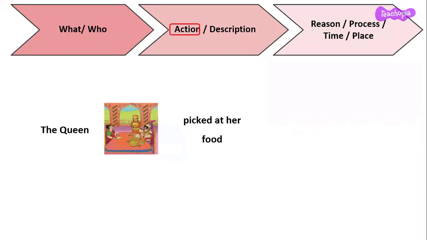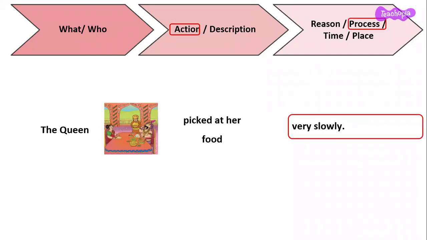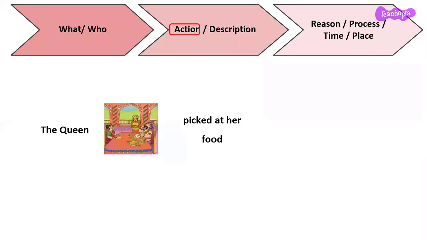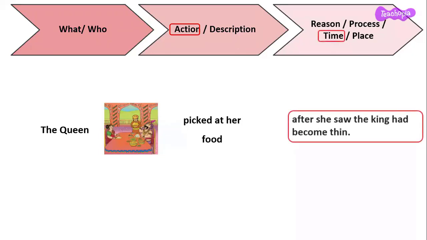Now, what if I want to add information regarding the process of this action? That is, she ate very slowly. So my sentence will be, the queen picked at her food very slowly. If I want to add information regarding the time of this action, I can say after she saw the king had become thin.